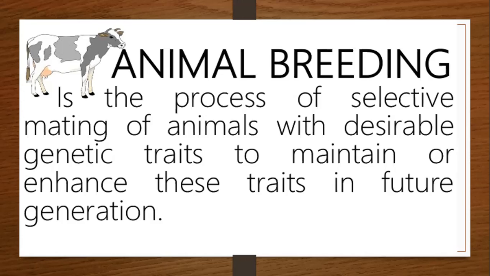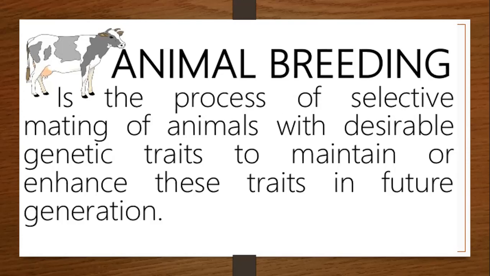So usually, because these animals are under the control of human beings in animal husbandry, these animals are with us. It is not roadside animals that can do whatever they want. When we are keeping animals in animal husbandry, we want to see breeding because of their genetic traits, the characteristics which are present.